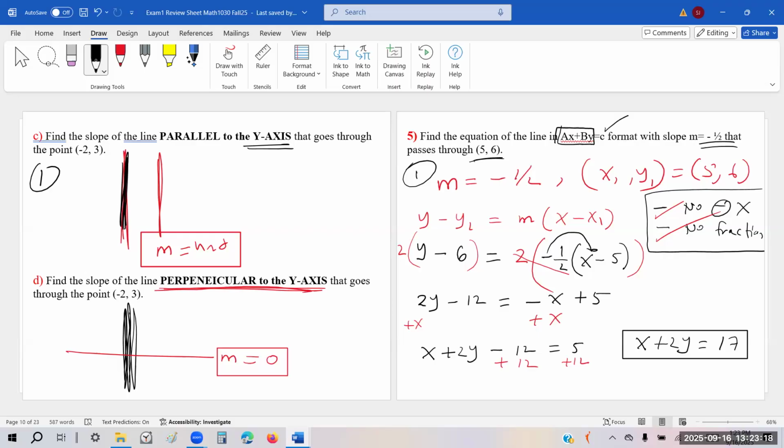Yes, you can find y equals mx plus b. So find the b, and then actually you're not looking for b here. You're looking for ax, by, and c. So yes, there are other ways of doing it, but at the end, the requirement says x and y should be together on one side. So you can use y equals mx plus b, but then you have to bring your mx next to the y.